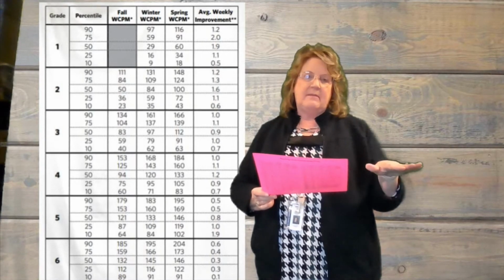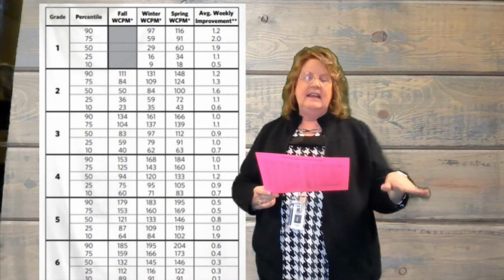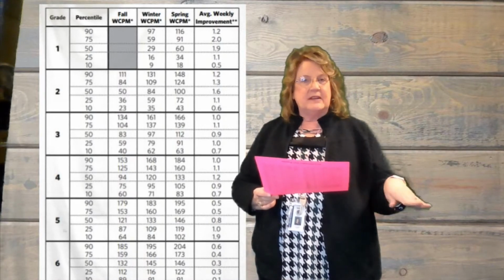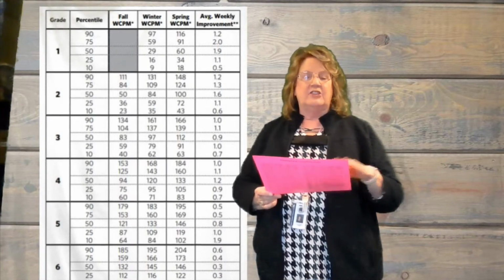So this week they might only read 18 words, but next week hopefully they read 19 or 20. And then the next week we're hoping that it's 22. And you keep on building until in the spring, May, you're up to 60 words per minute and your child is reading proficiently. And remember, proficiently means that they're meeting grade level expectations.